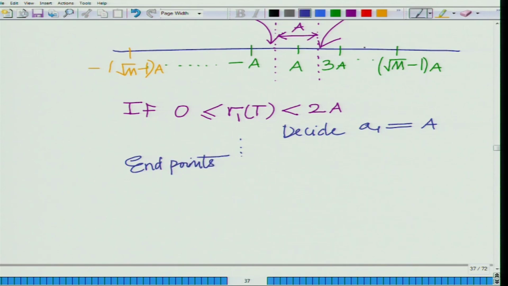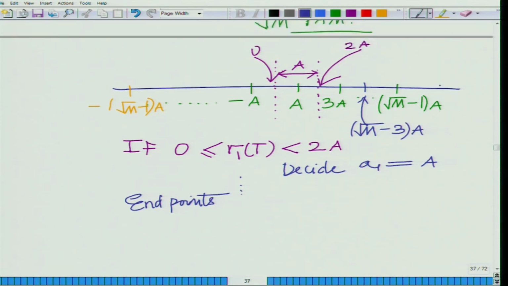And towards the end points, if for instance you look at this point, it will be square root M minus 1 times A, the previous point is square root M minus 3A, and the midpoint here is square root M minus 2A.